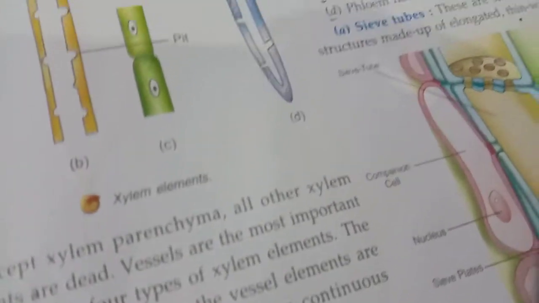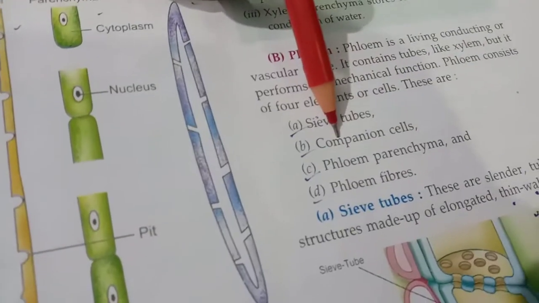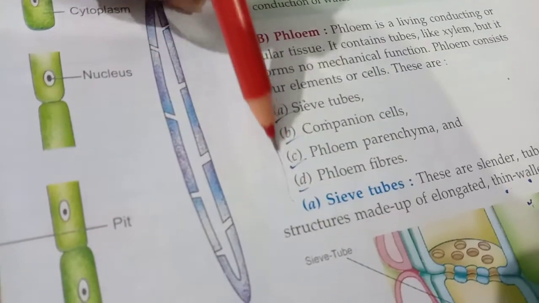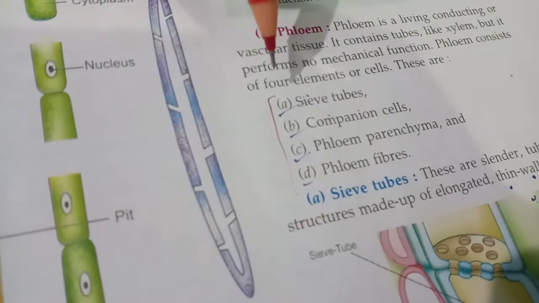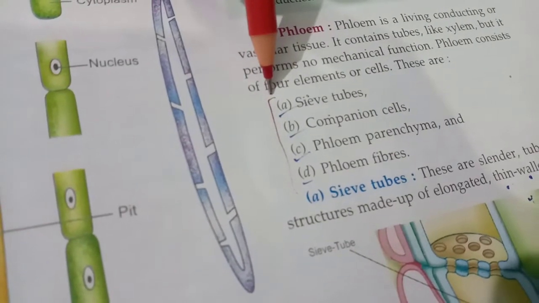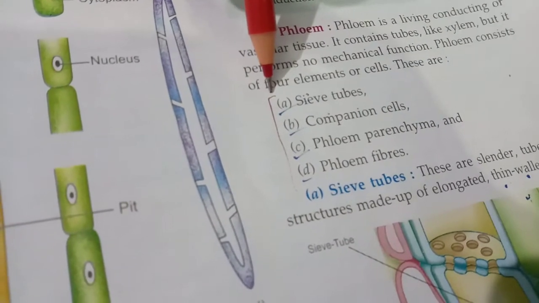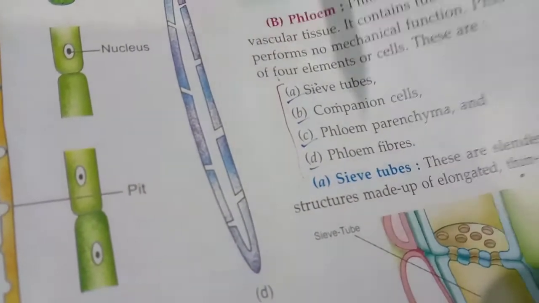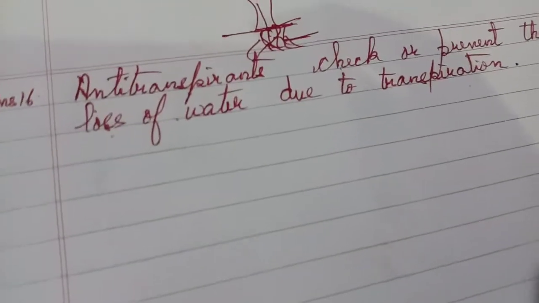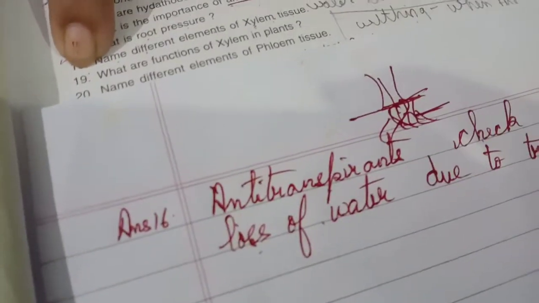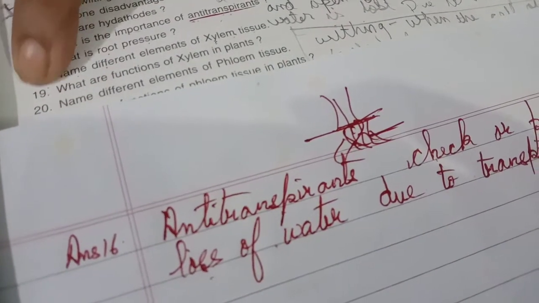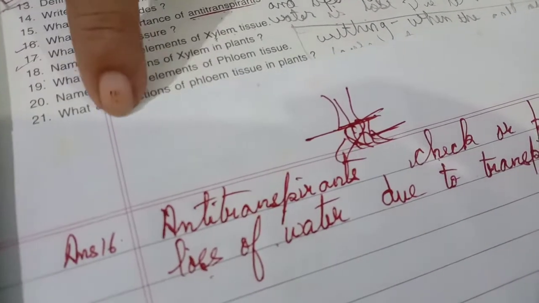So sieve tubes, companion cells, phloem parenchyma and phloem fibers are the elements of phloem tissue. Clear? According to this old edition book, this is answer number 19. Clear? Now come to the next question, 20. Come to the next question.